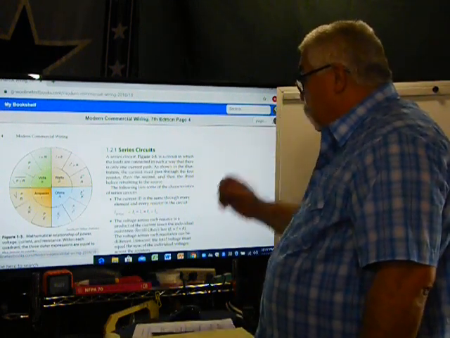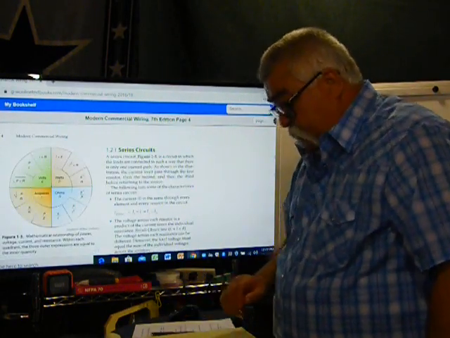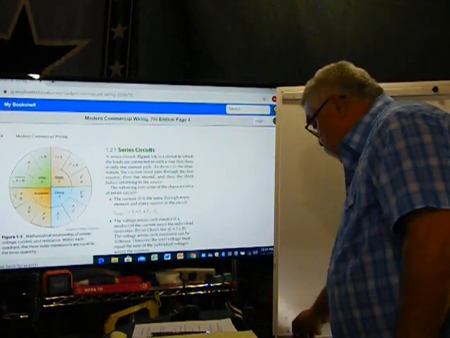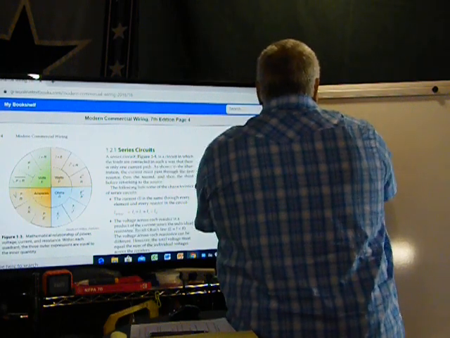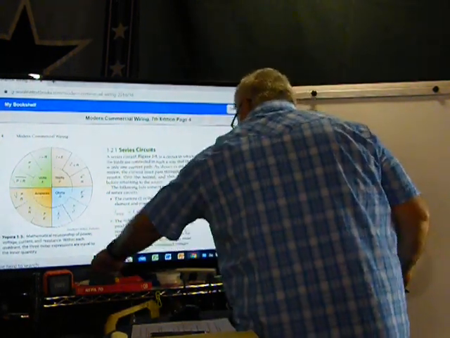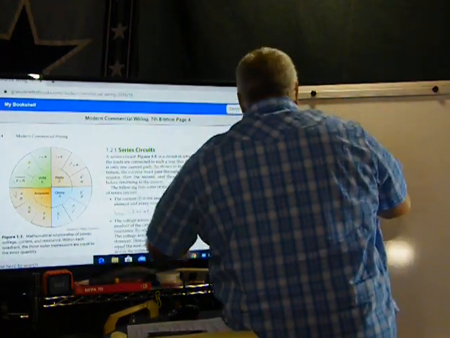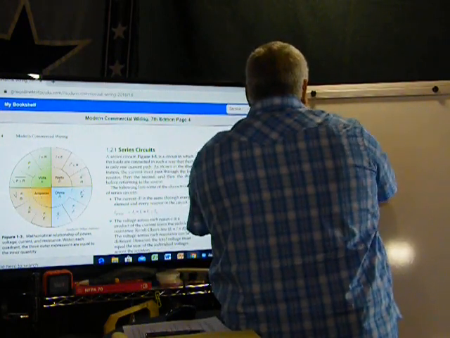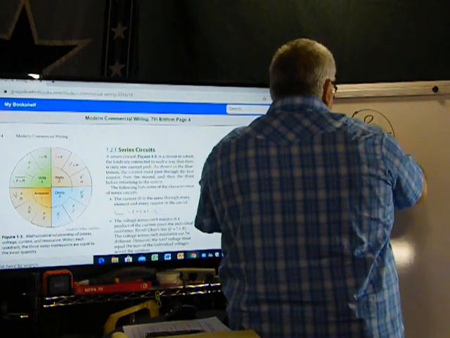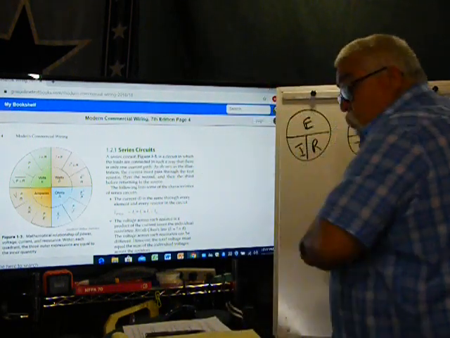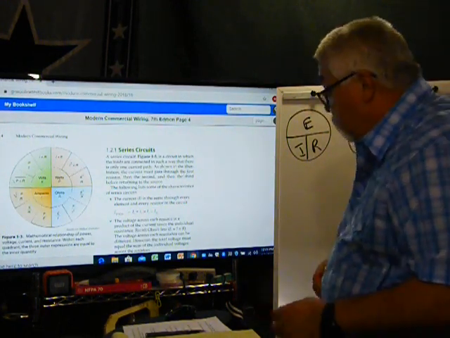So this is the power wheel. Again, when we went through it, I didn't use the power wheel. I used Ohm's law, the two separate, so I showed it this way to make it easier.